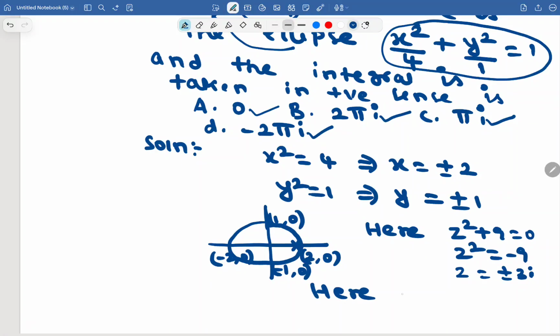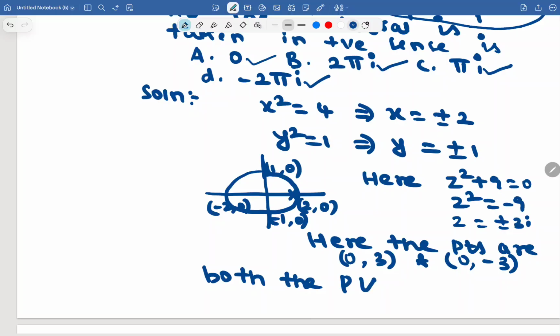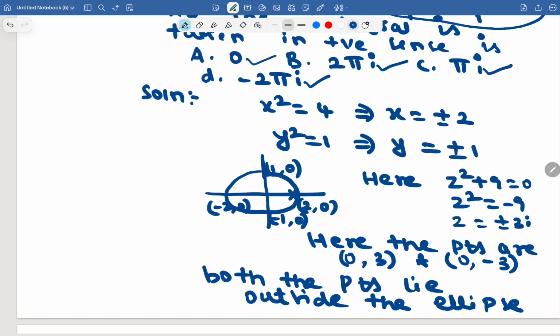Here the points are 0, 3 and 0, minus 3. Both the points lie outside the ellipse.